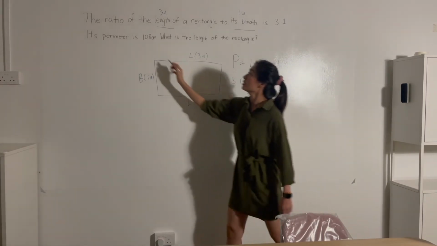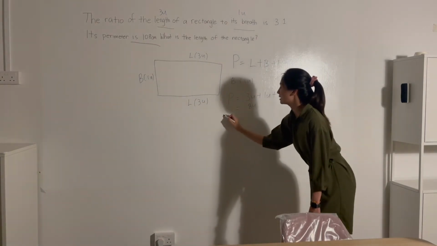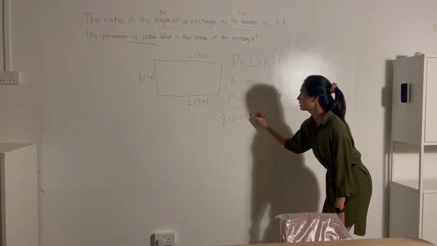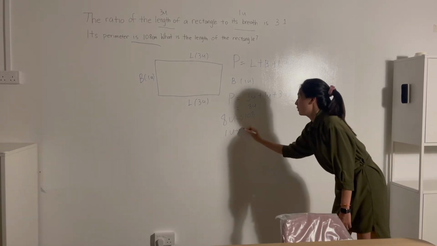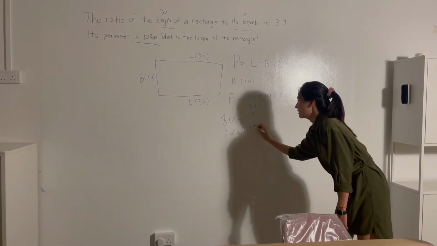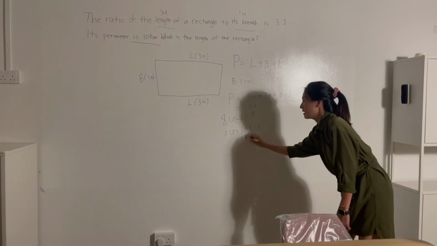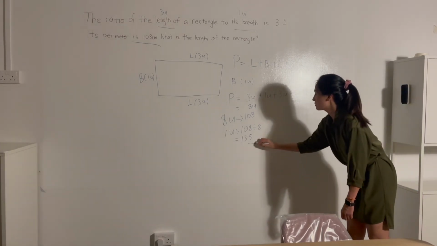Since the question says perimeter is 108 cm, I will equate 108 cm to 8 units, and 1 unit will be 108 divided by 8, and I will get 13.5. Finally, let me just write the answer here.